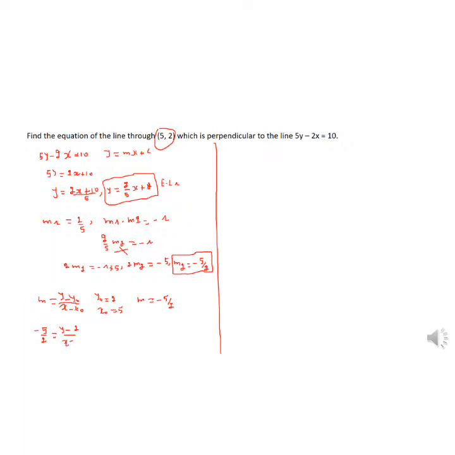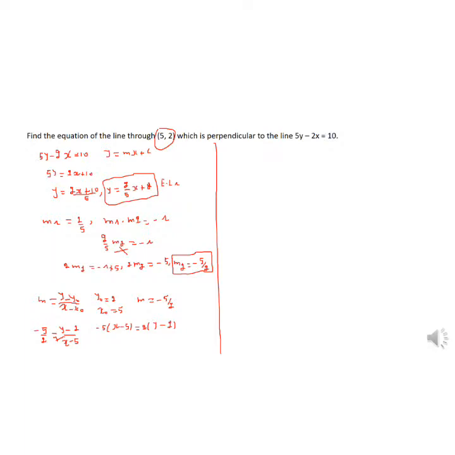So now we can cross multiply. We get minus 5 bracket x minus 5 is equal to 2 bracket y minus 2. Bracket means multiplication.